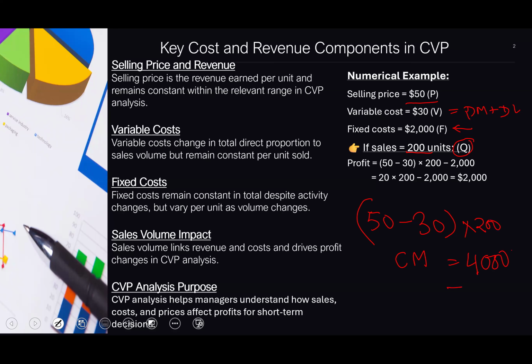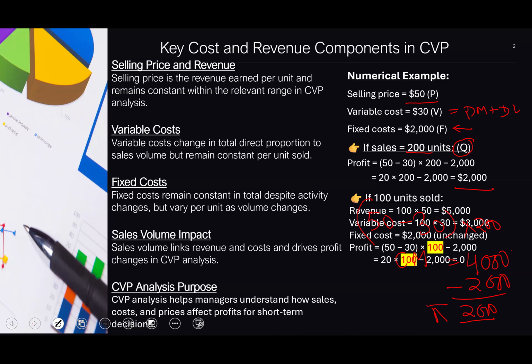I have fixed costs of 2,000 to subtract out of that, which leaves $2,000 of profit. I usually use pi for profit. So that's how profit calculation happens. Profit calculation is going to be your best friend in this chapter. So please remember it.